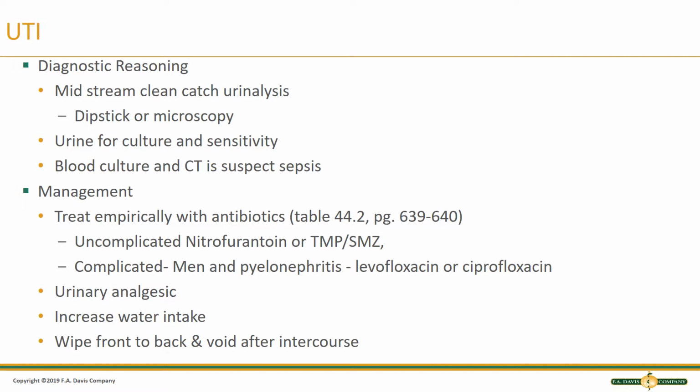If the dipstick doesn't show positive leuks or nitrites and the patient is demonstrating urinary tract symptoms, then you could engage with clinical microscopy: spin the urine down, prep a slide, put it on the microscope. Greater than 10 white blood cells per high power field is a reliable indicator of infection.